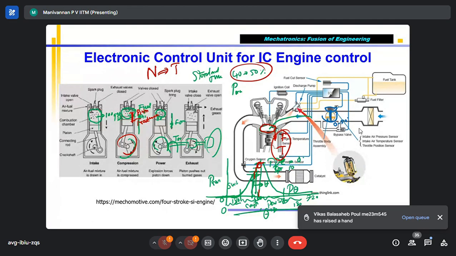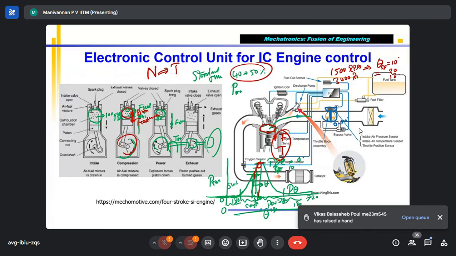If it is moving faster, you have to give the spark much more in advance. For example, if the engine is running at 1500 RPM with spark time 10 degrees before TDC, when the engine goes to 3000, double the speed, you may have to give around 18 or 20 degrees. Why? The time available for the piston to move from this location is less.